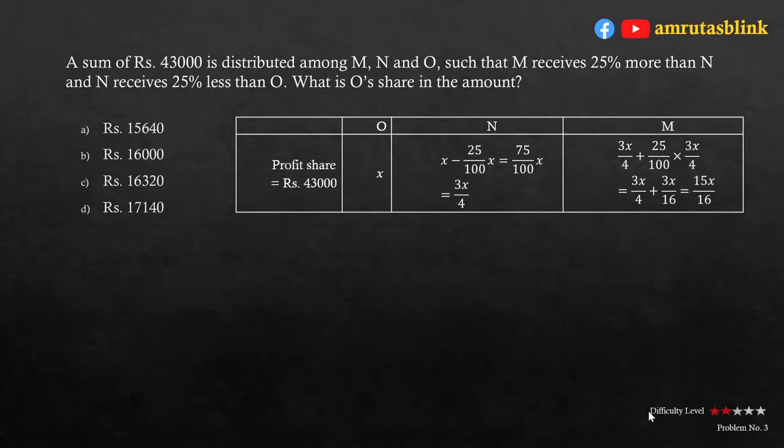So, the share of N is X minus 25x upon 100, which is equal to 75x upon 100, which is equal to 3x upon 4.